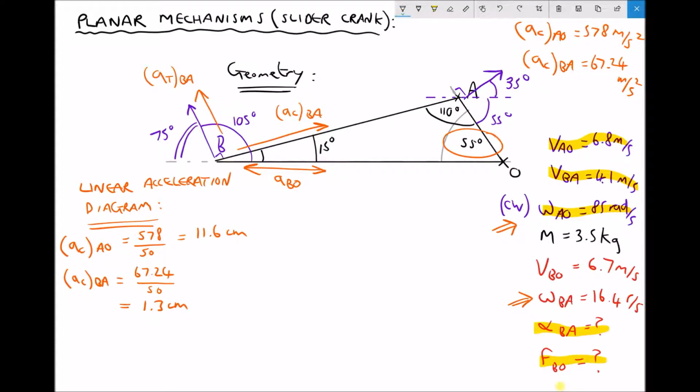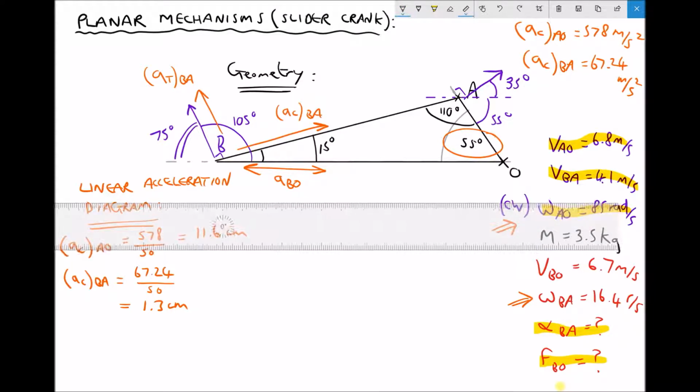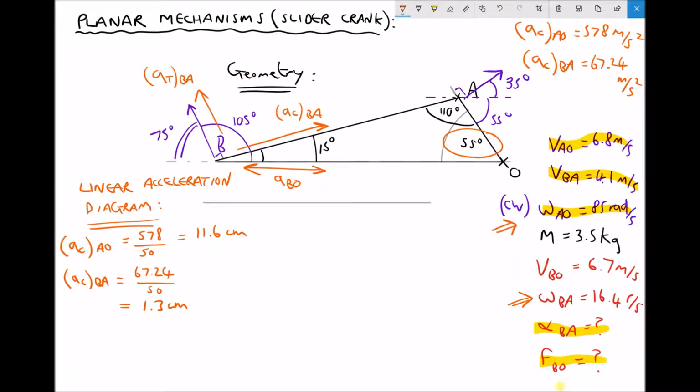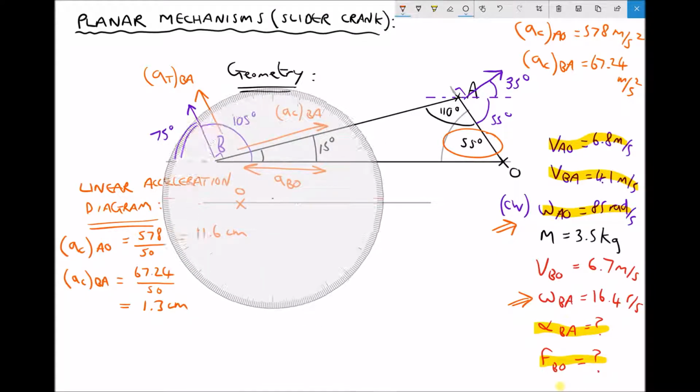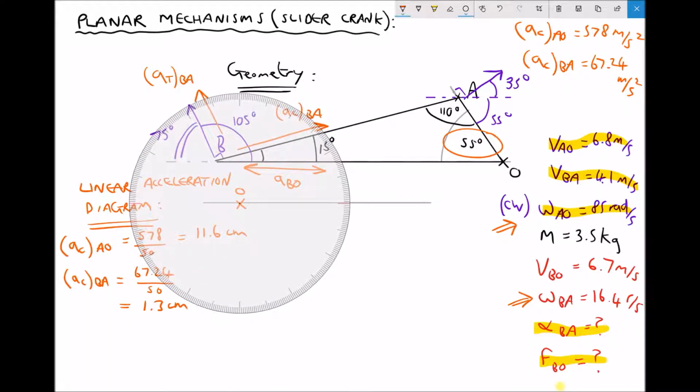So first of all, I need a datum line. And on that datum line, I'm going to add my point O, somewhere here. So I'm going to take my protractor and place the centre on my point O, like so.